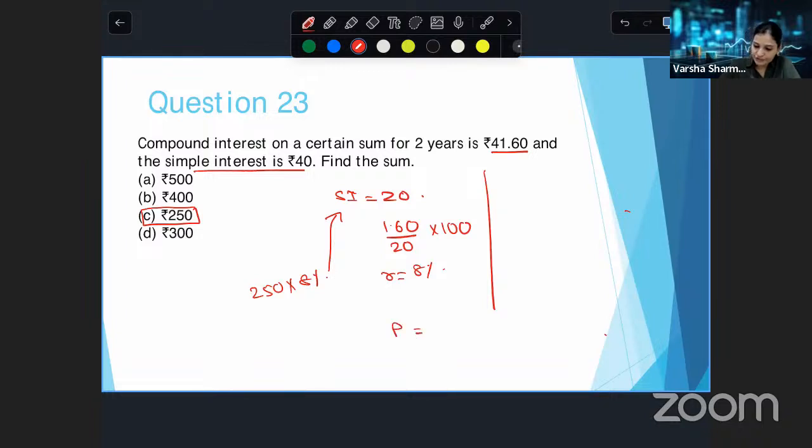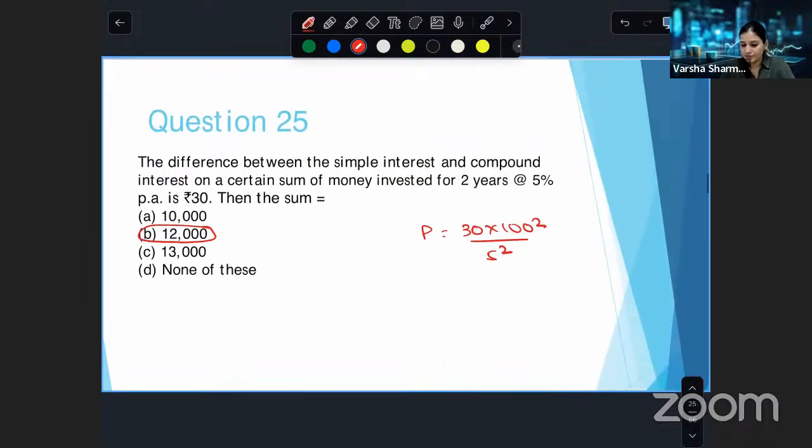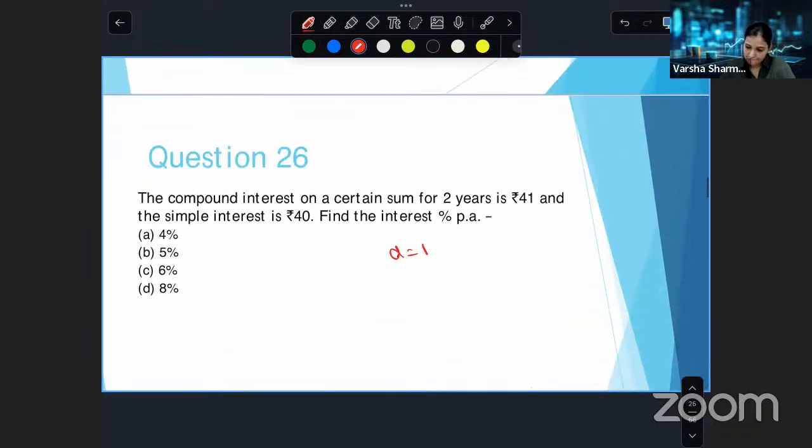The principal will be difference, how much? 1.60 into 100 square upon R square. We don't have the rate R, so we had to calculate. Here, difference is 1 rupee, 100 square upon R square. And the difference is rupees 1. Principal is?